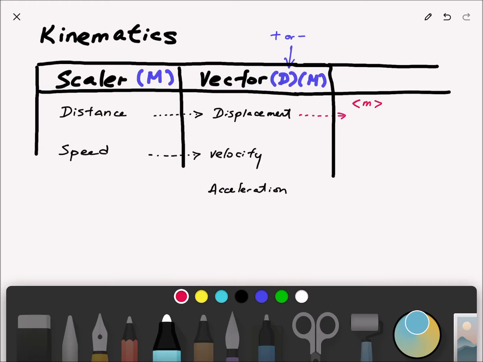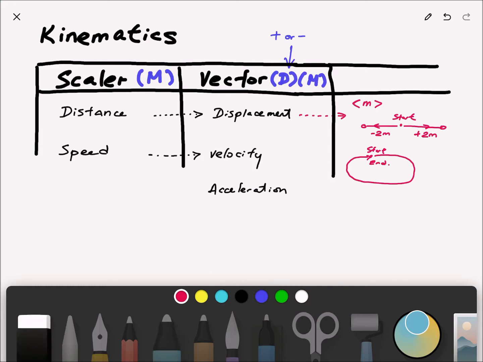If I decided to go forward and then I end here, we say that my displacement is maybe positive 2 meters. And if I decided to go in the other direction, then we say that it is minus 2 meters. Having said that, it also means that if I start here and go around a circular track and then end over here, we would say that the displacement is 0.